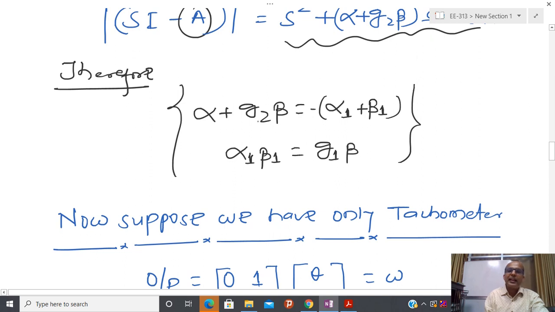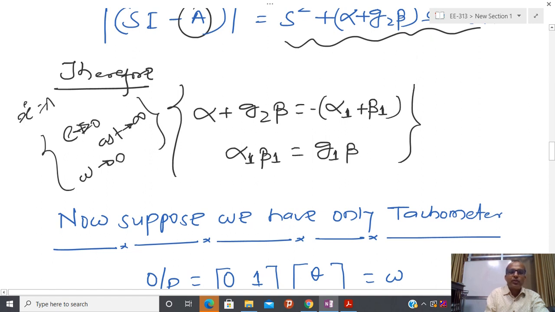After that I can say that for these values of G1 and G2, I can force my system such that E tends towards 0 as t tends towards infinity, and also omega tends towards 0, because the system becomes exponentially stable, as with a system like x dot equal to ax.